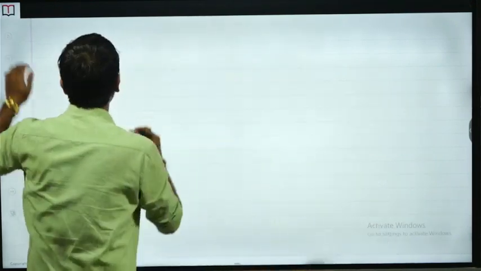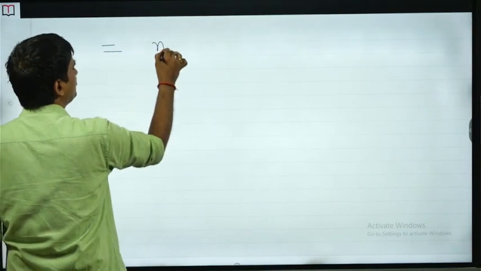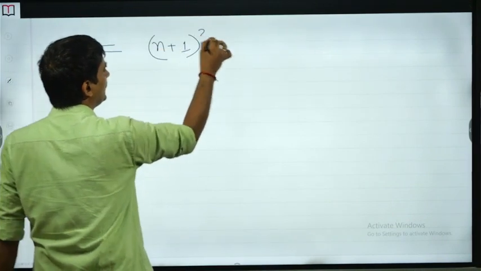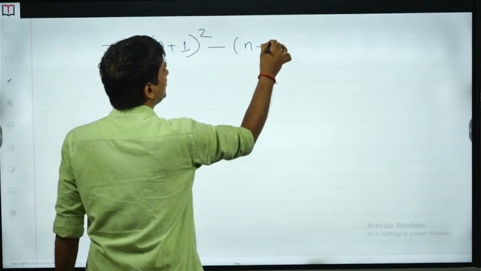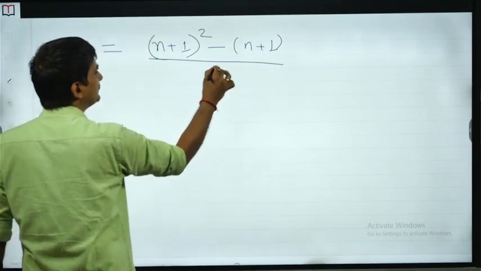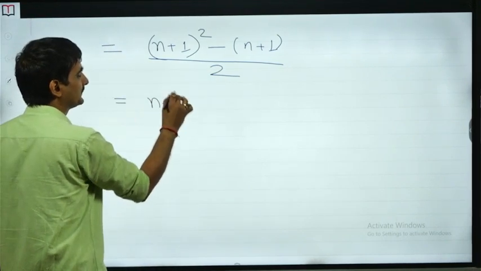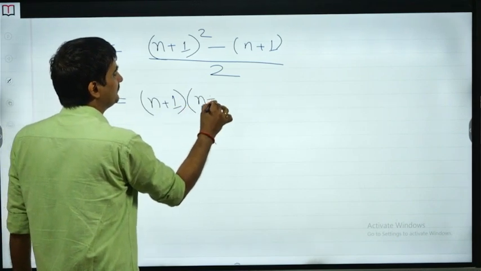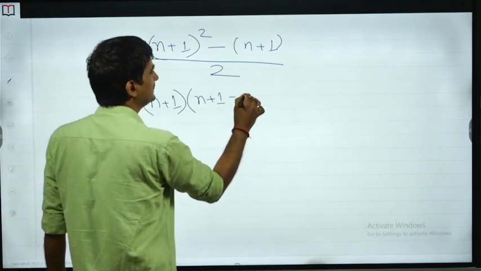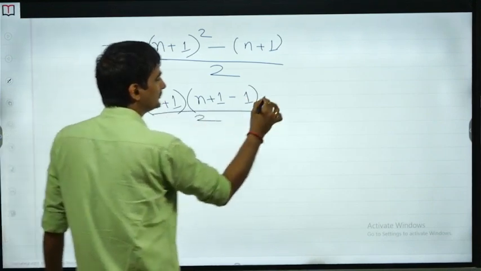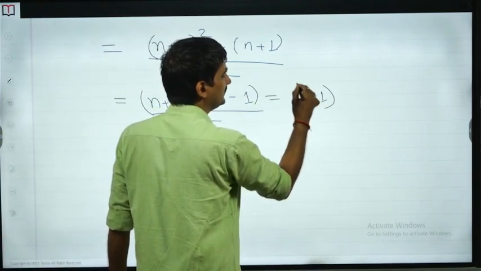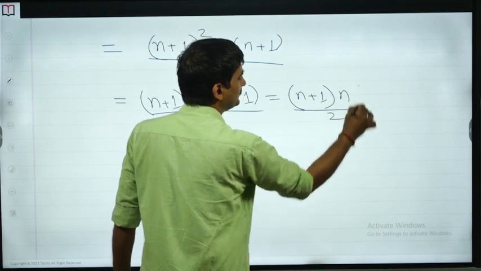They will be equal to n plus 1 whole square, remove the diagonal elements from all elements, and divide by 2. Now just simplify it. You take n plus 1 common, it is n plus 1 times n plus 1 minus 1, divided by 2. So it's n plus 1 into n by 2.